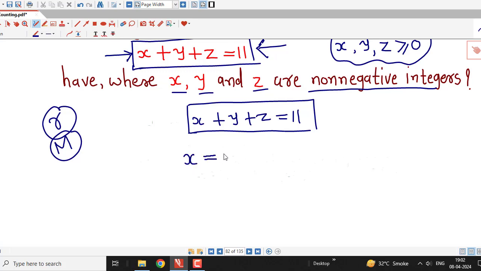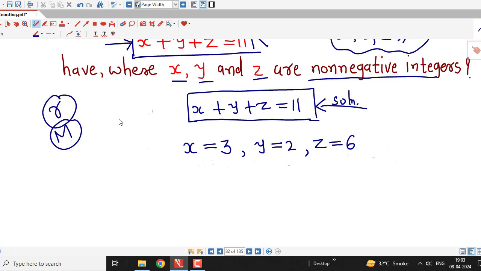Suppose I consider x equal to 3 and y equal to 2, then 3 plus 2 is 5, so I have to consider z equal to 6. By trial and error we find that x equal to 3, y equal to 2, z equal to 6 is one non-negative integer solution of this equation.